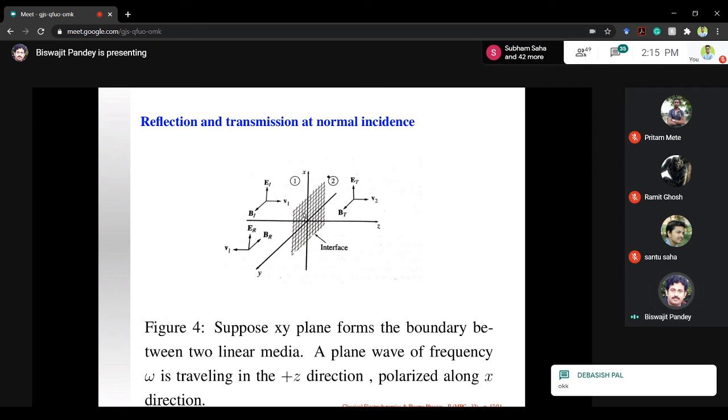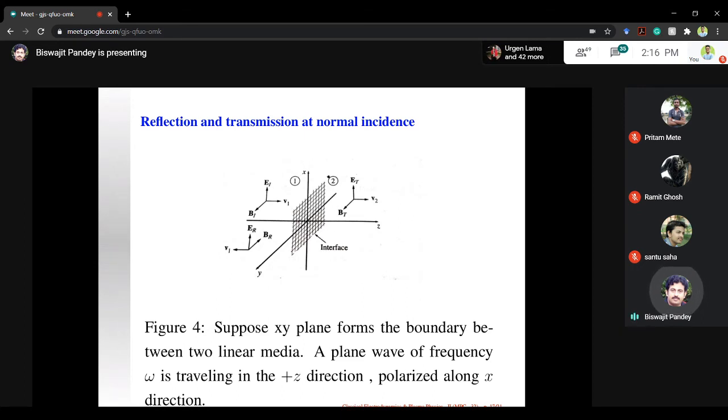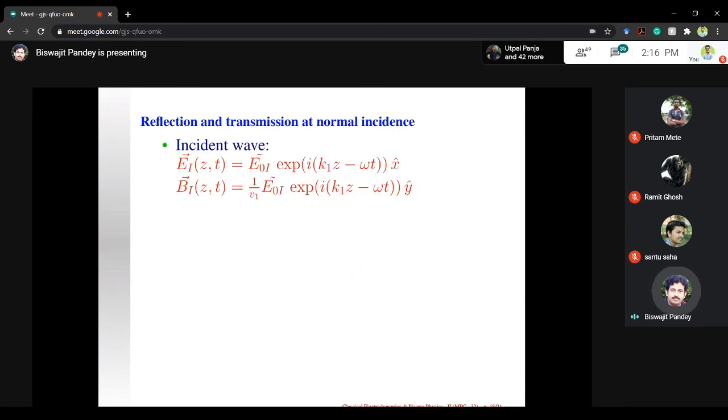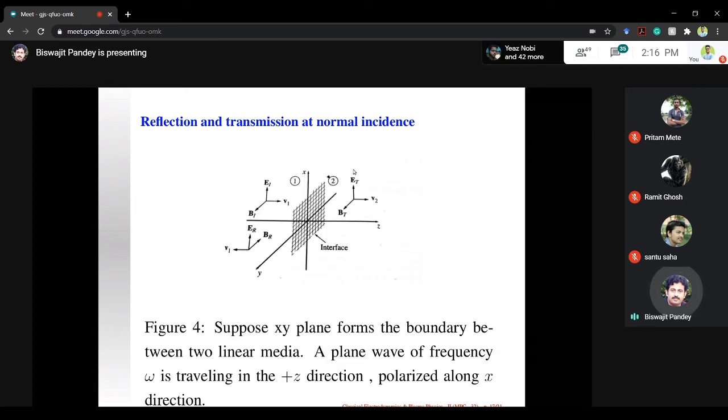We have chosen z equal to 0 just to get rid of the exponential factor, because we have this exponential factor in each of the electric and magnetic fields, and since the frequency is the same, if I make z equal to 0, this term goes away. There is no speciality of the surface. This is only for simplification. So we imagine that this surface is lying at z equal to 0.